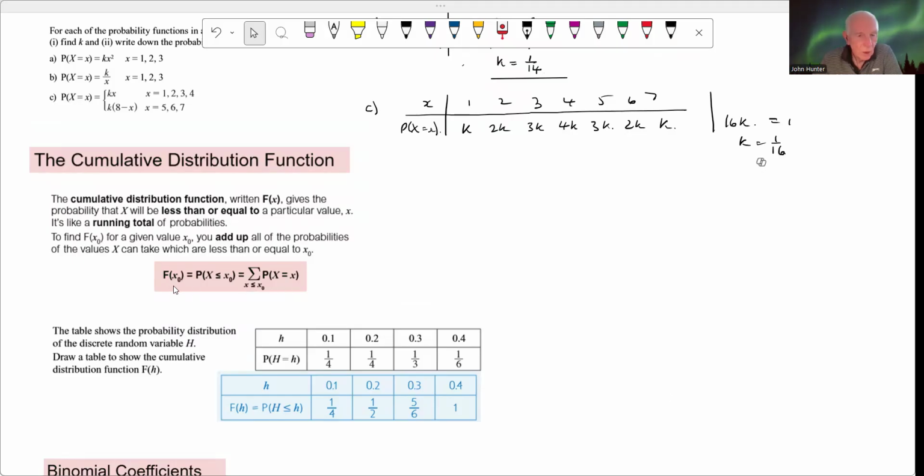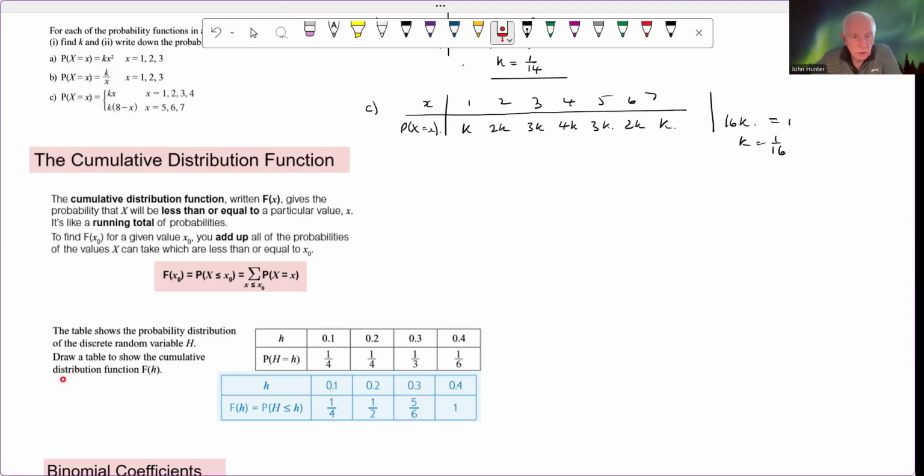This is just notation: the probability that the random variable is less than or equal to a particular value x0 is the sum, over all the values up to that value, of the probabilities that the random variable takes each value. So we sum all the x's up to the value that we're interested in. Simple as that.